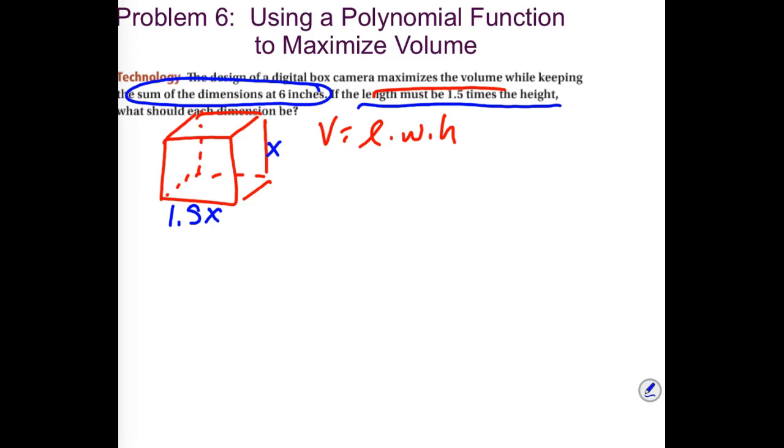Well, how much of those 6 inches have I already used up? I used an x, right? I used x inches for the height, and I used 1.5 x inches for the length. So I've used up 2.5 x's. Does that make sense? So of my 6 inches, I have to take away the 2.5 x that I've already used up. That would be what I have left over for that third dimension.